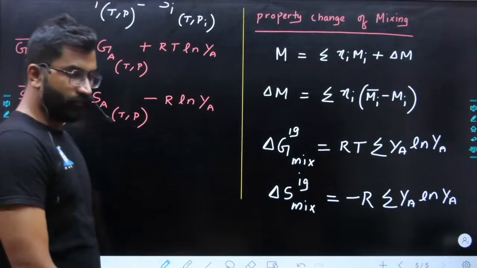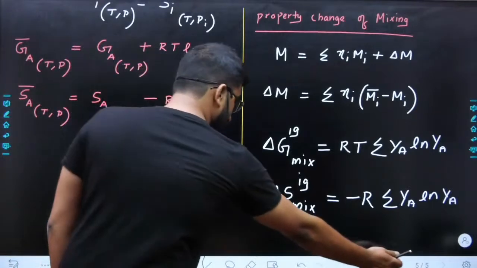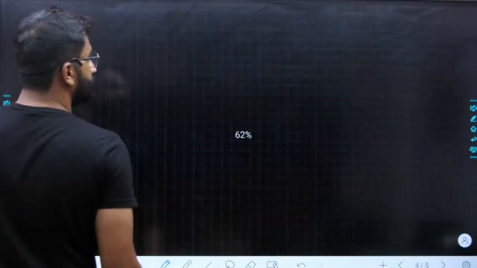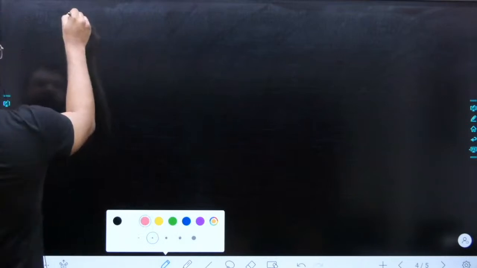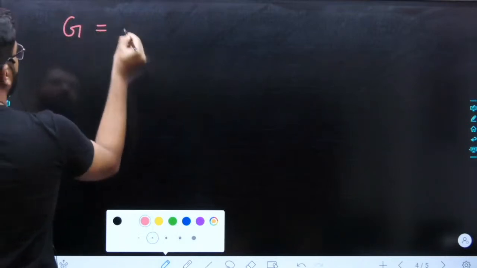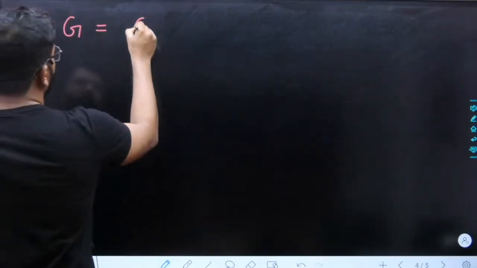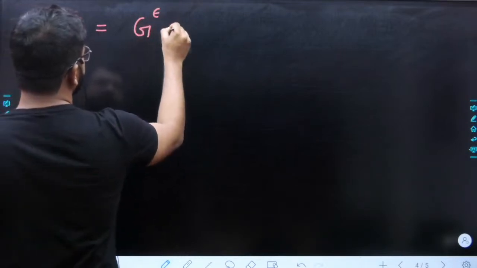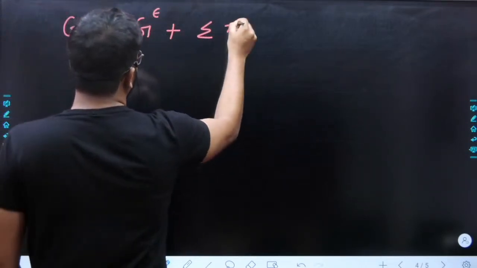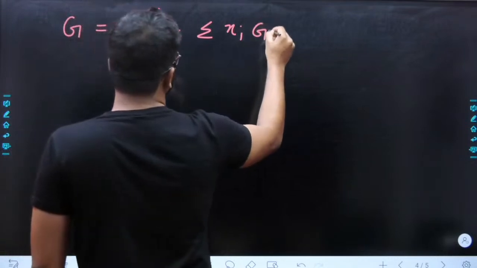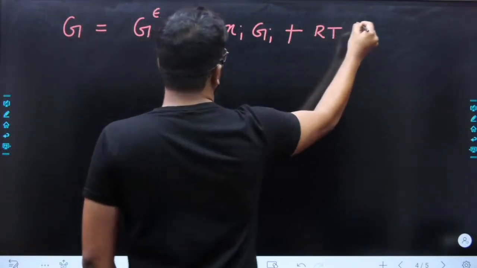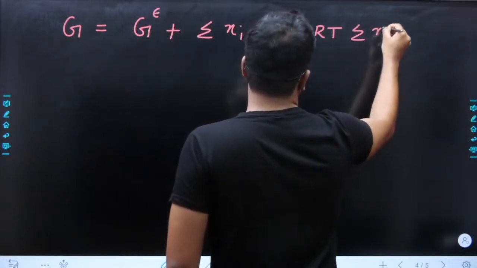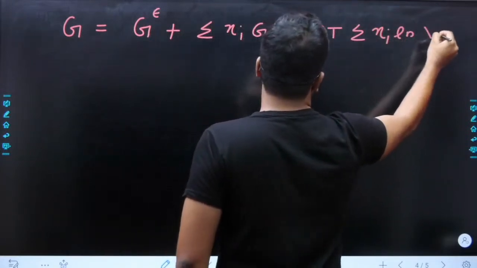So property change of mixing will also be done. Last equation you have, with one equation we can finish this particular chapter, that is G is equal to Gxs plus sigma xi into Gi plus RT into sigma xi ln xi.